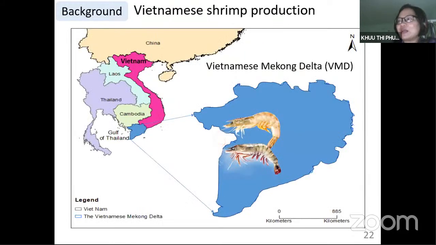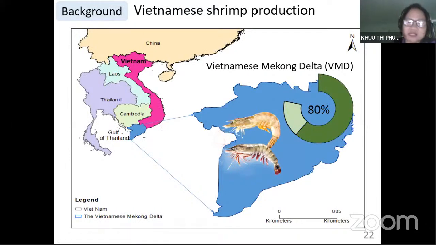And in Vietnam, you can see here is the Mekong Delta, the Vietnamese Mekong Delta, with two species, Vannamei above, and Monodon. Yeah, and 80% was produced at the Vietnamese Mekong Delta, but more than 60% of it is exported as shrimp product.